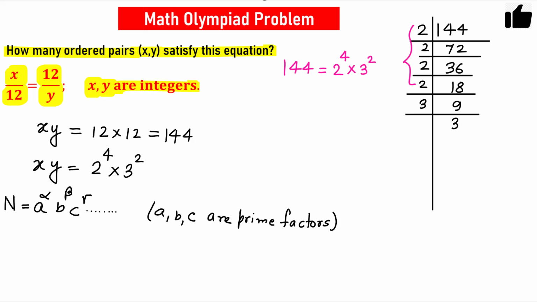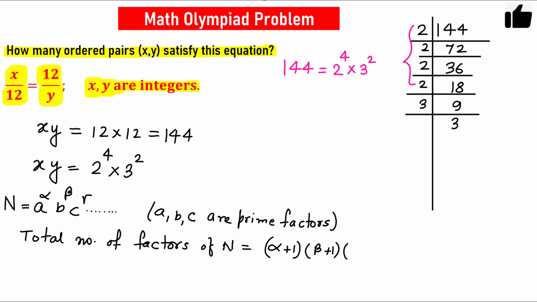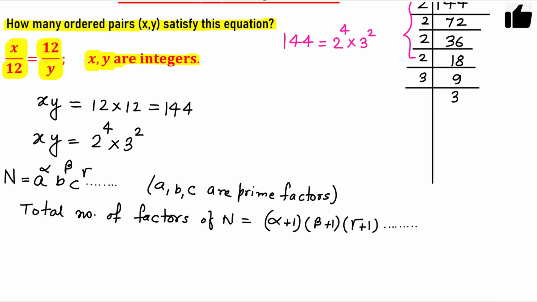Then the total number of factors of n is alpha plus 1 times beta plus 1 times gamma plus 1, and if you have more prime factors, then you have to include those also.